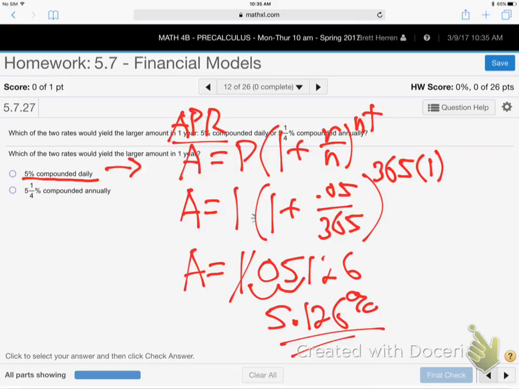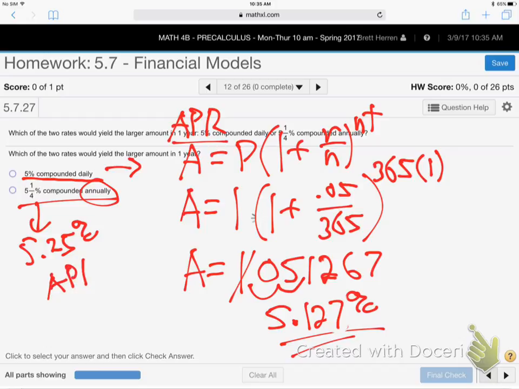So it rounds to 5.127%. Now, what is 5 1/4? Let's compare that to the other one. That's just straight 5.25, and it's already annual, so it already is the annual percentage rate. So therefore, just compare 5.25 to 5.127.